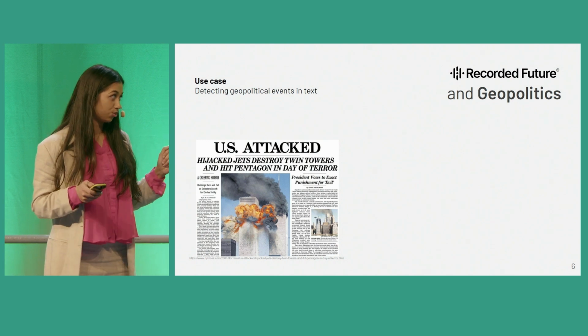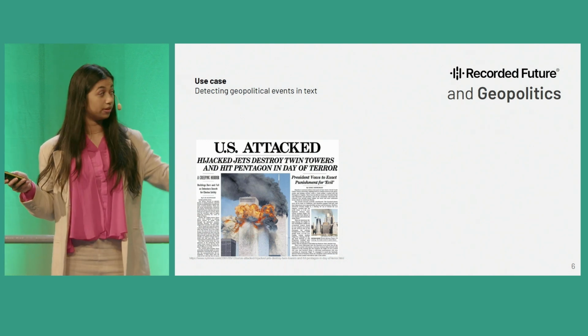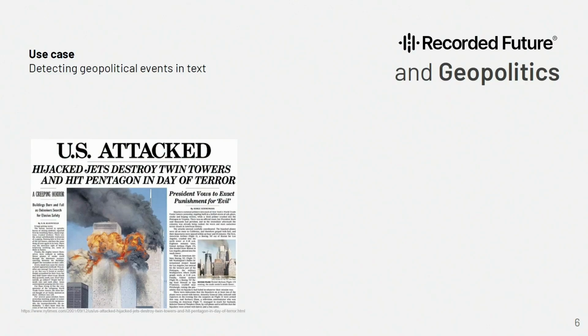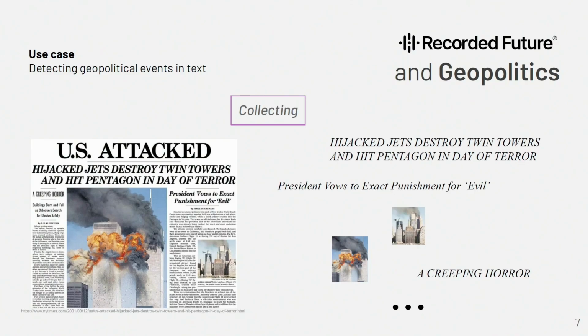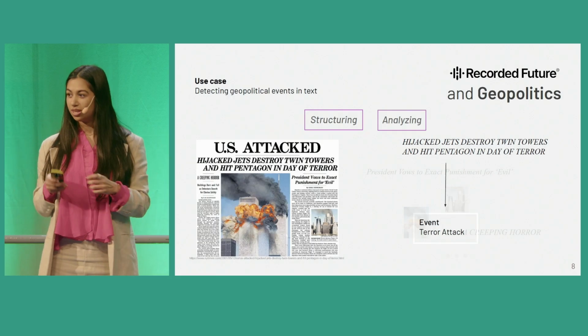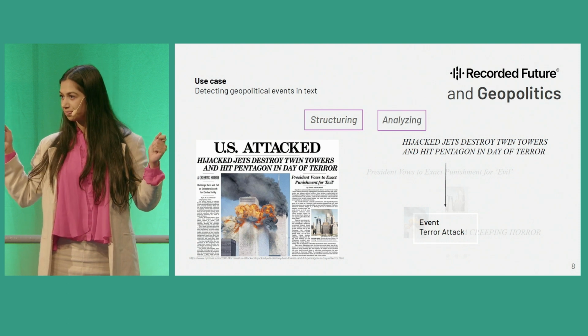Take this data source as an example, the news article presented on the screen. First off, we would start with collecting all the data, and we see some titles, subtitles, images, you name it. We then filter out all the relevant data, structure it, and analyze it to finally come to the verdict that a terror attack has occurred. Much more processable than reading the whole thing.